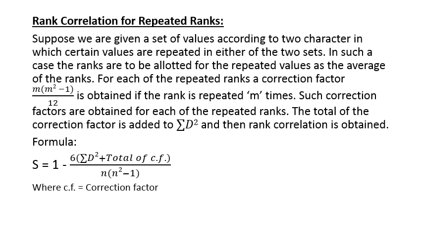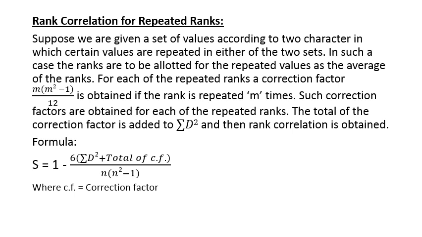Now the formula to find rank correlation for repeated ranks is S equal to 1 minus 6 into sigma d square plus total of correction factor, divided by n into n square minus 1.